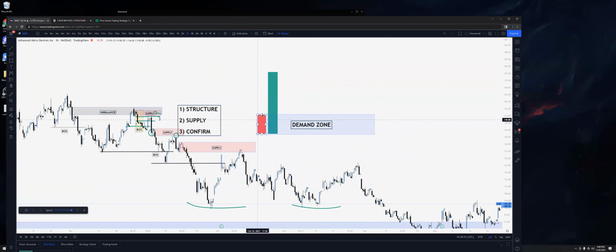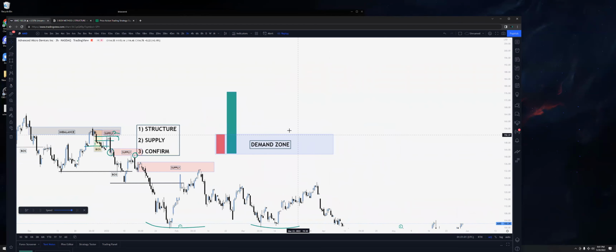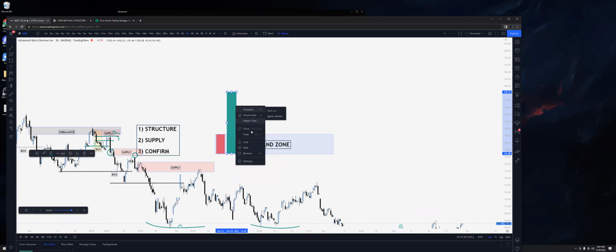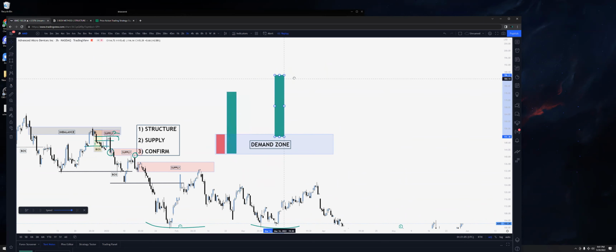That is your demand zone. So it's the last down candle before the up move. It's the bearish candle. Okay. That's demand zone. And then the opposite is this.